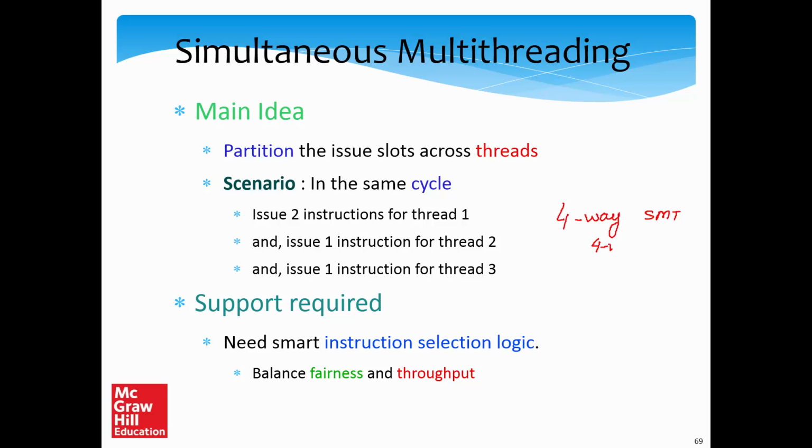So it can manage four threads simultaneously and can issue four instructions simultaneously. We can decide to partition the issue slots among the threads such that the throughput of the overall system is maximized. Of course, we need very smart instruction selection logic, and we have to balance different issues, fairness and throughput. So we don't want to be partial to any thread. We don't want to be biased towards some other thread.